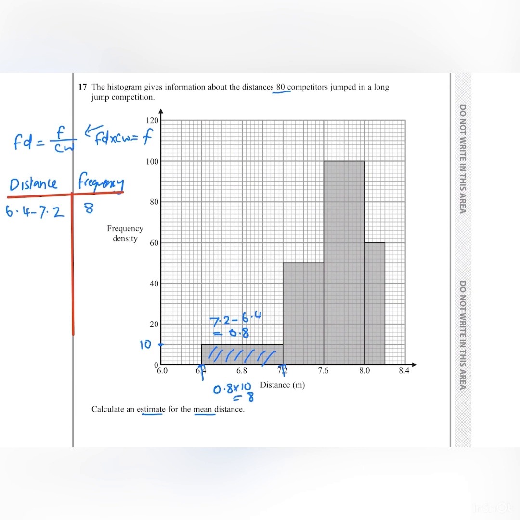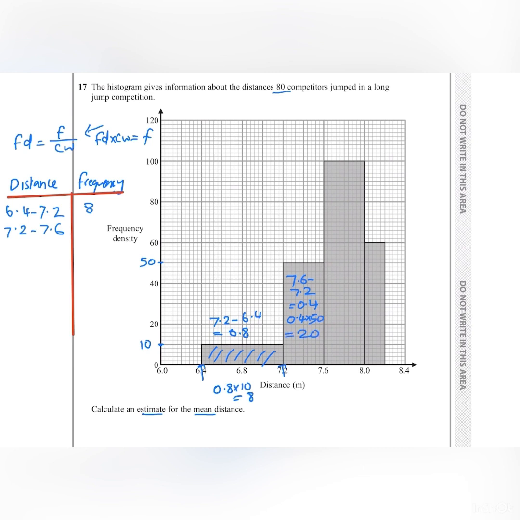The next group is between 7.2 and 7.6, and the frequency density is 50 over here. So 7.6 take away 7.2 is 0.4, and then 0.4 times 50 is 20.